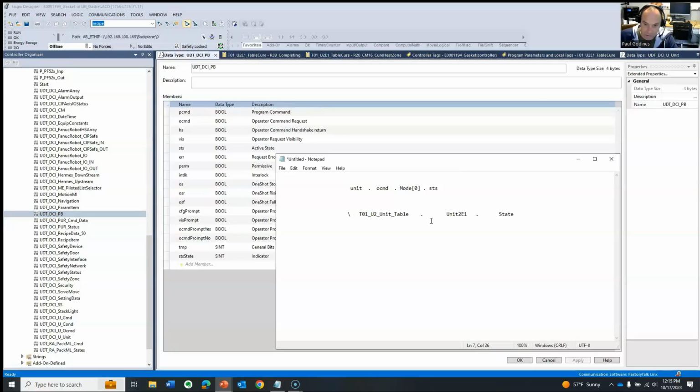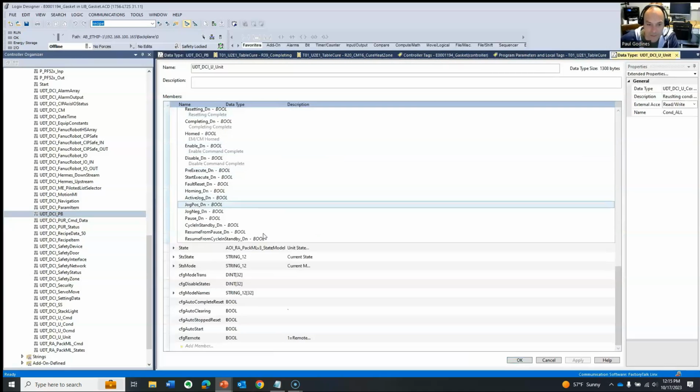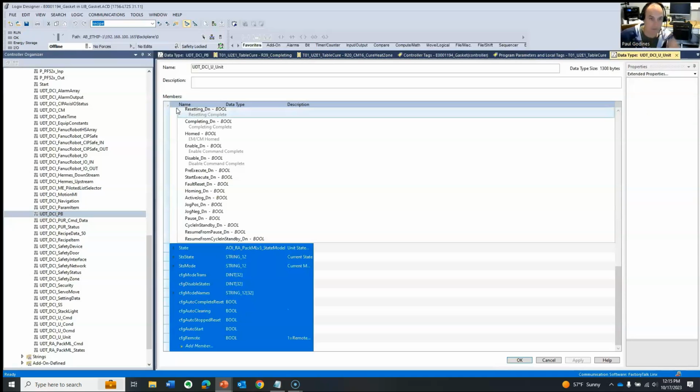All right, so now back here. So unit 2E1.state. All right, so we're kind of jumping a little bit, but stick with me. I wanted to be able to describe this. So this is our data type. Inside here, we have different tags, and we have these subscripts, right?